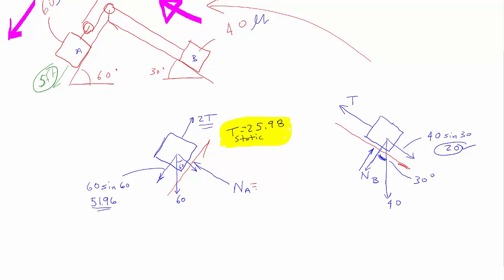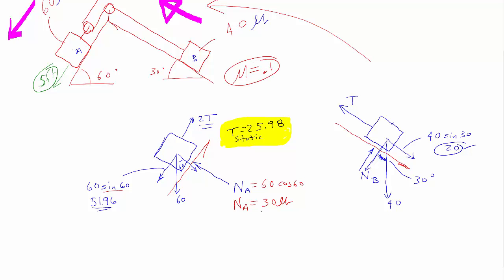Well, I need to know what NA is. On this one, since this was the sine, this one will be 60 cosine of 60, or 30 pounds. Let's say mu is equal to 1.